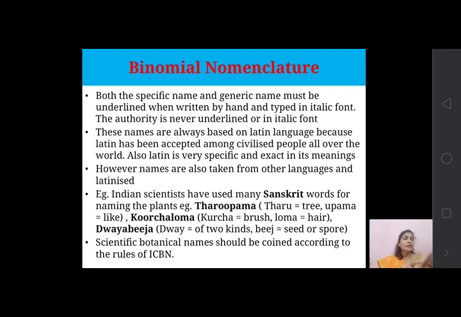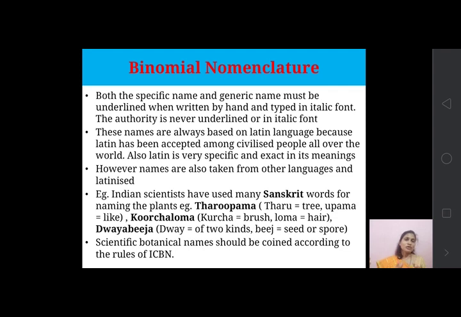It has no dual meanings. It is a very meaningful language. That's why Latin is a universal language for giving names in nomenclature.